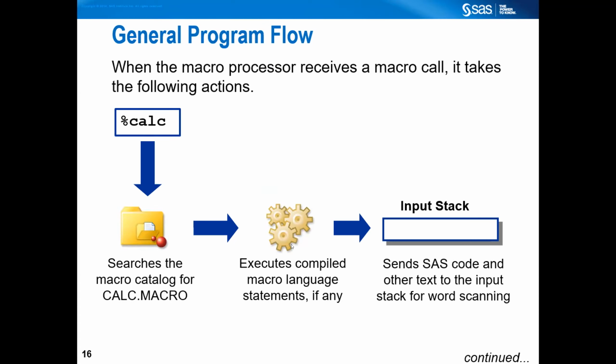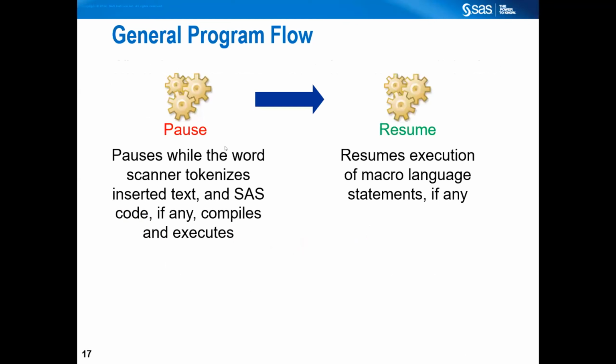It compiles the underlying macro language statements, if any, then copies the SAS code and other text to the input stack for word scanning. So this is how the processing occurs, and we'll see it in detail. Processing pauses while the word scanner tokenizes the inserted text and SAS code, if any, which is compiled and executed, then resumes execution of your macro language statements, if any. So let's see how it works.